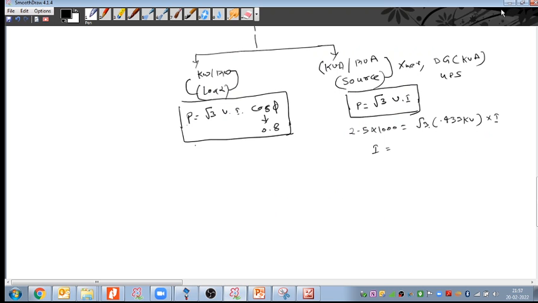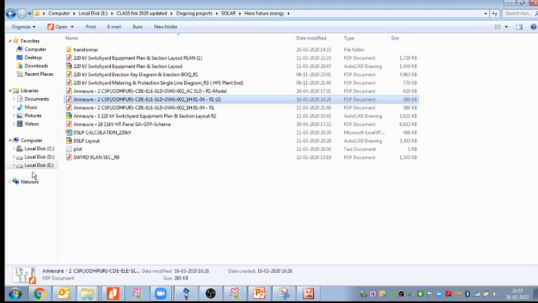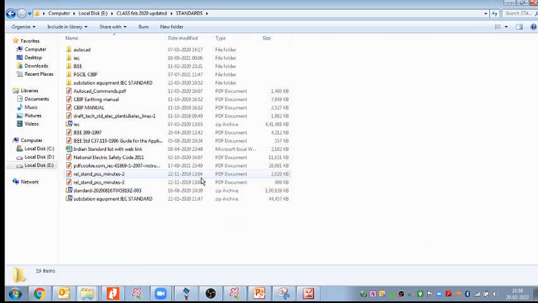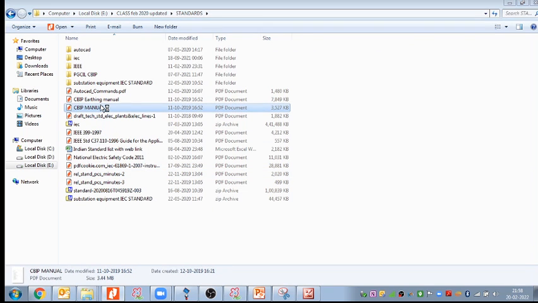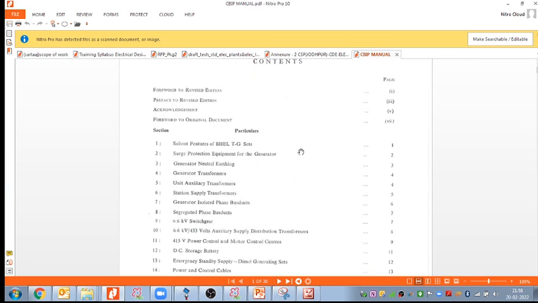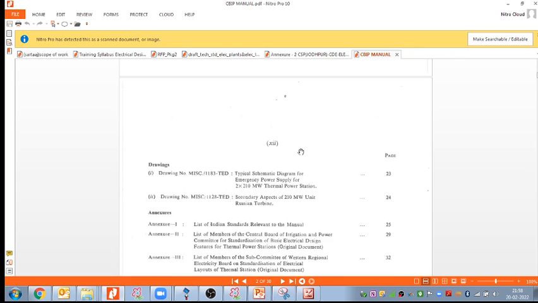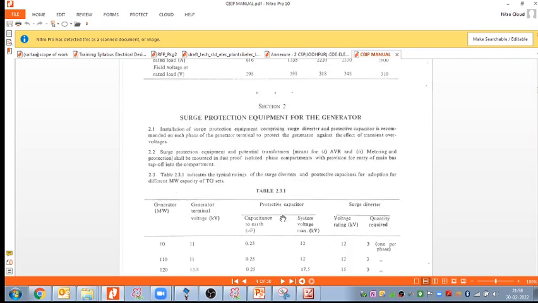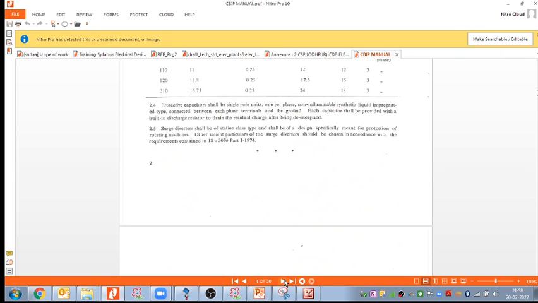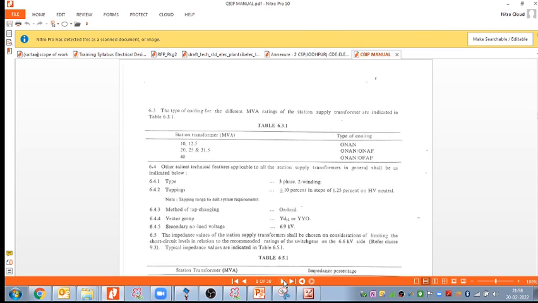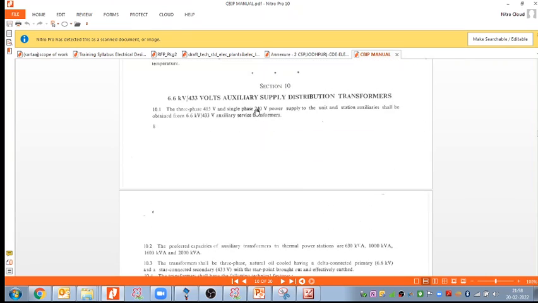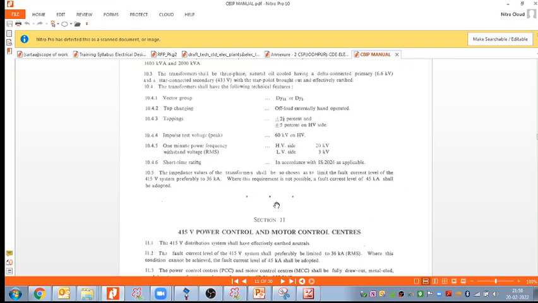Just give me one second. I think I have some reference standard on this. Yes, this is one of the CBIP manuals. This manual is about the LT system, and this is as per its recommendations.